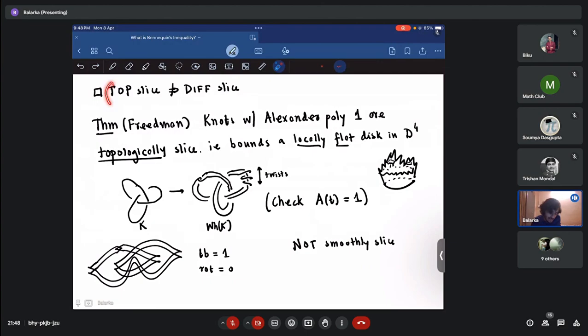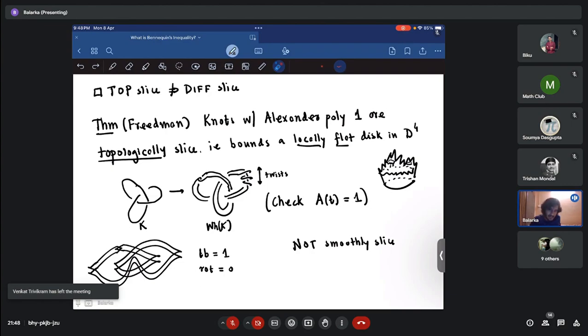There's a notion of topological sliceness, which is that the knot bounds a topologically embedded disk in D4, which is still nice enough in the sense that it's locally flat. What locally flat means is that it's a submanifold such that locally it looks like R2 in R4, up to homeomorphism. You can change coordinates by a homeomorphism so that it looks like a flat plane R2, but not necessarily by diffeomorphism. That's what a locally flat disk is.